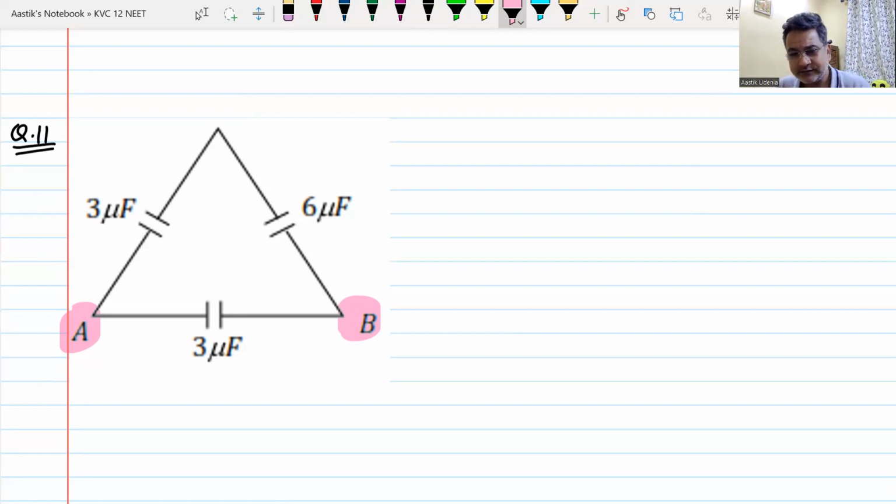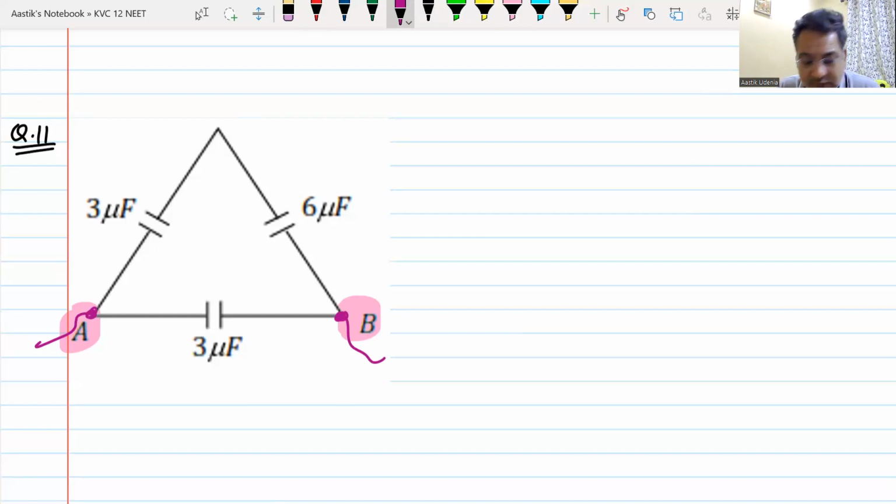A is the first point and B is the second point. We have to find the capacitance between A and B.